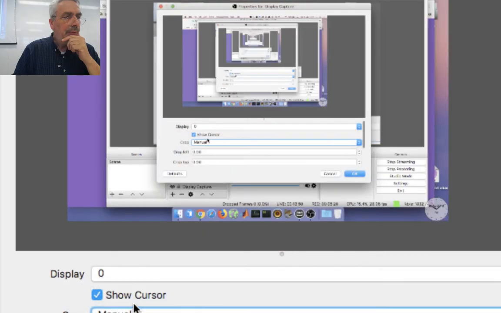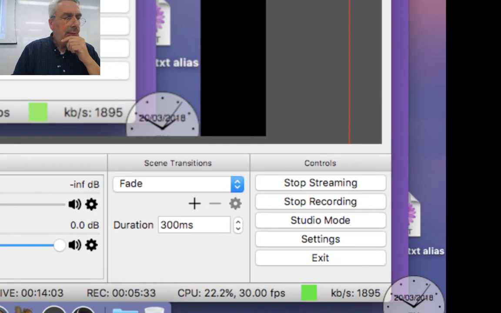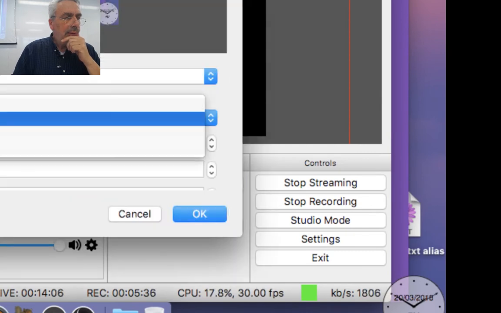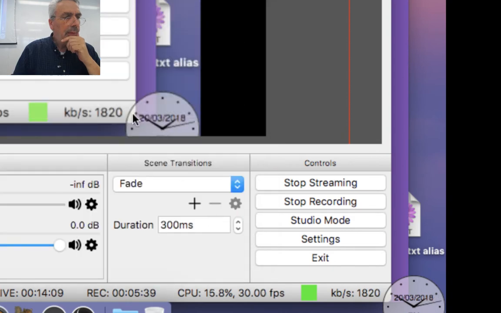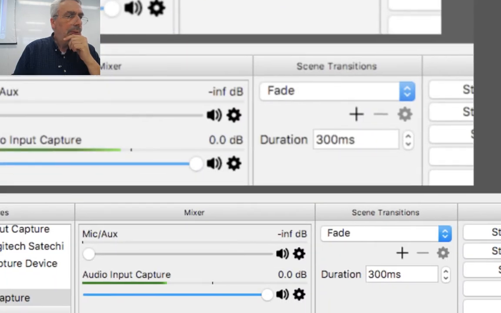Display 1. That doesn't work either, right? What is going on?